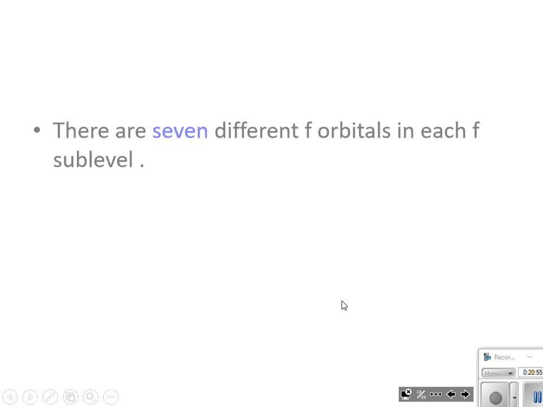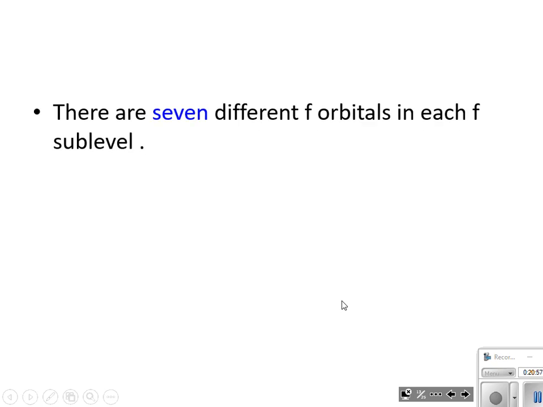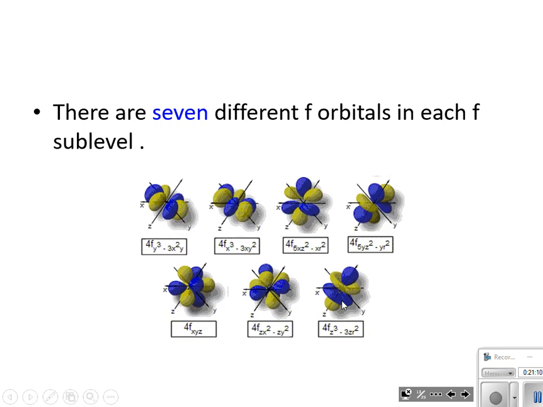7. We said that there were 7 different F orbitals. And if you remember, I told you that the F is very complex. Well, here's the picture of the 7 F orbitals. And once again, they're talking about the coordinate system with the x, y, and the z.